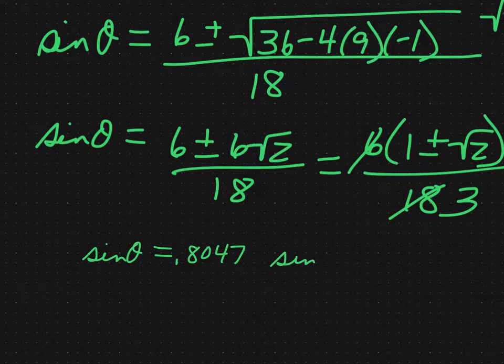And if we take 1 minus the square root of 2 and divide it by 3, we'll get negative 0.1381.